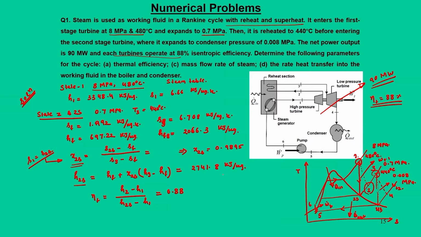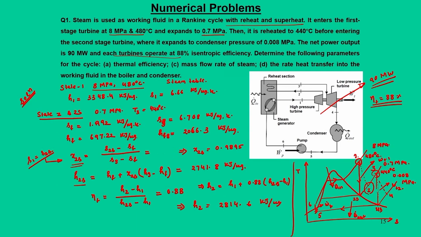You know all these numbers, so H2 is equal to H1 plus 0.88 into H2s minus H1. This value we get as H2 equal to 2814.6 kilojoule per kg.